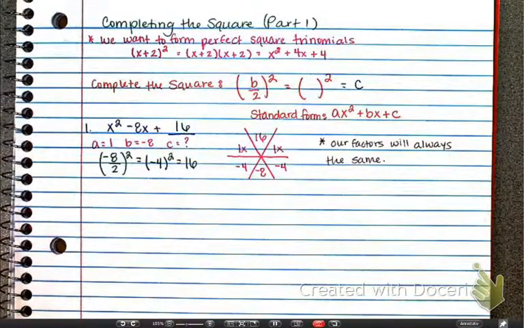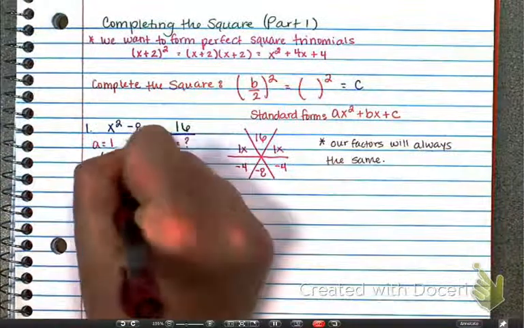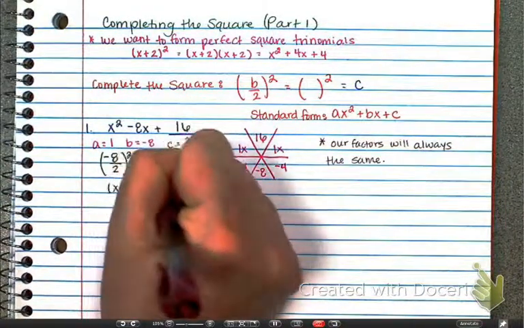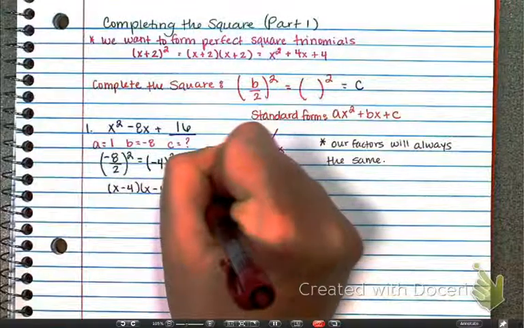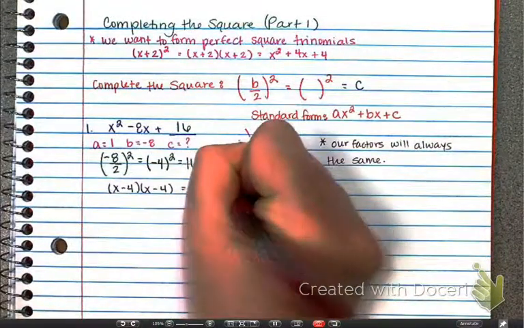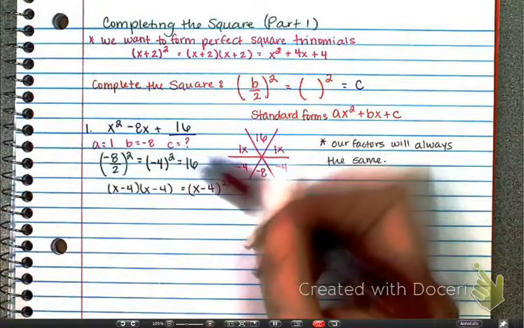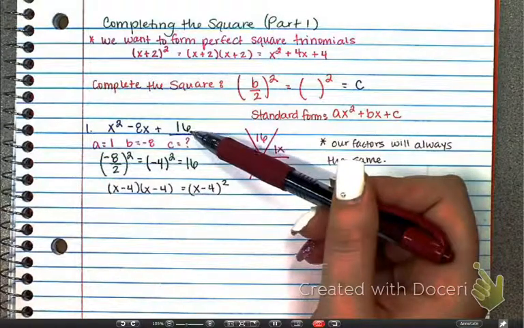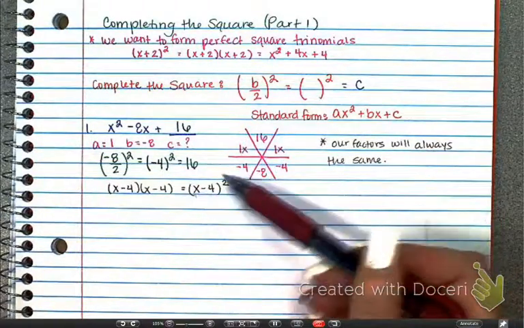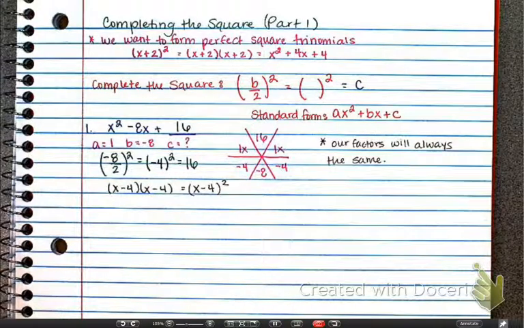If I were to write that in factored form, I'd have x minus 4 times x minus 4, which I could write as x minus 4 squared. Now, again, tomorrow we're going to solve, but this is the first step. So your first thing is going to be to fill in C. The second thing you have to do is factor it to get a perfect square trinomial. That's all we're doing today. Okay? All right.